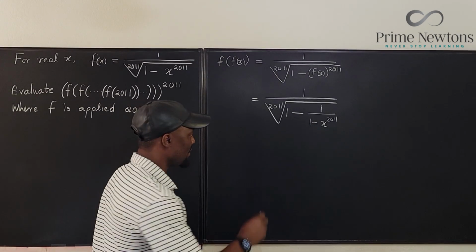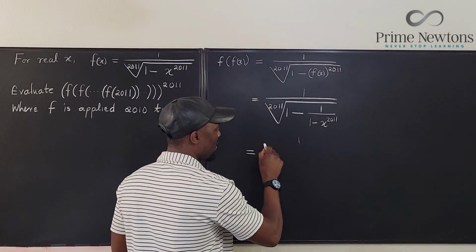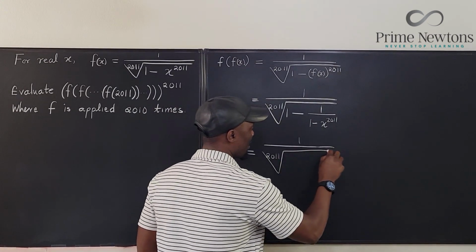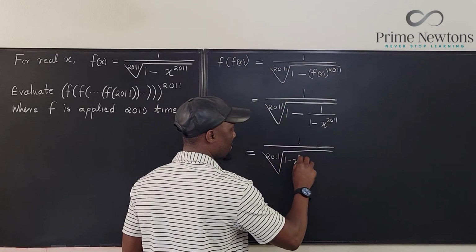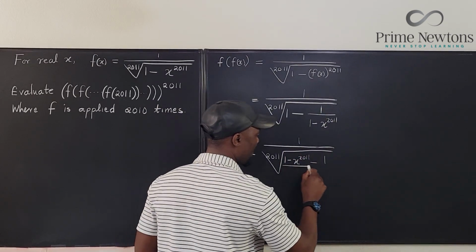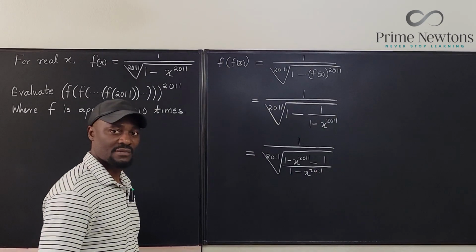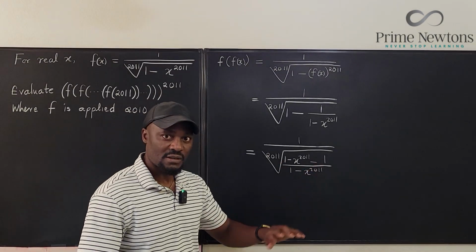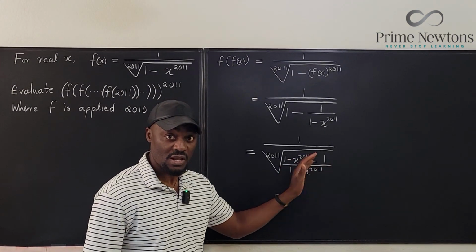If you collect like terms, this is going to be 1 over the 2011th root of 1 minus x to the 2011 minus 1, over 1 minus x to the 2011. Now see how this simplifies. 1 minus 1 is going to give you 0, so what you have left is just negative x to the 2011 on top.